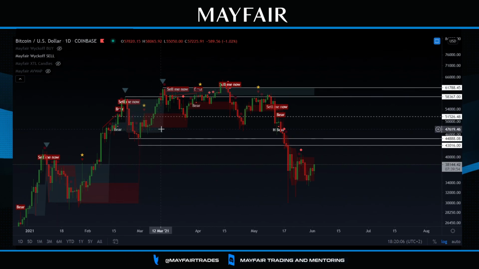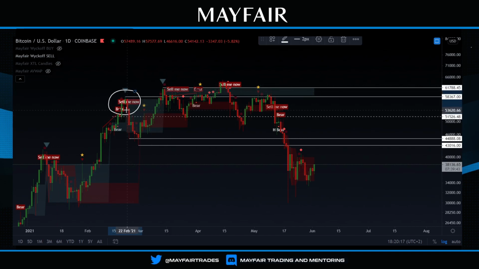And the reason that we've got two on this particular indicator, the buy and the sell, is that we were looking for the zone structure. Now you can use this on a smaller time frame. The actual indicator takes the next time frame down. So although we're trading on the daily, you could actually treat this as a 12-hour chart. So we've got the sell calls at the distribution levels within Wyckoff.